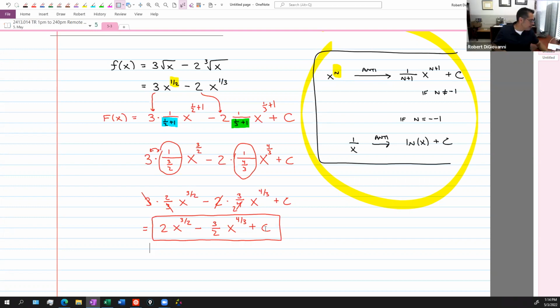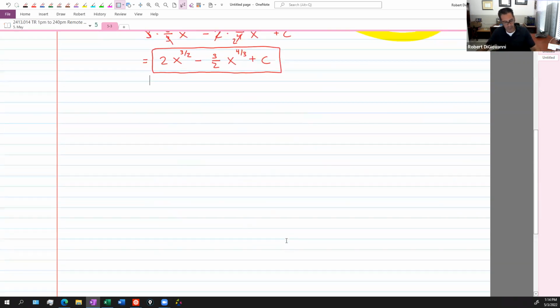All right. Now, on the next one on 6, f of t, so they're using a different variable, big deal. 3t to the 4th minus t cubed plus 6t squared over t to the 4th.